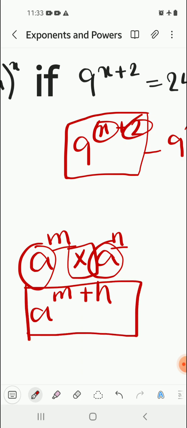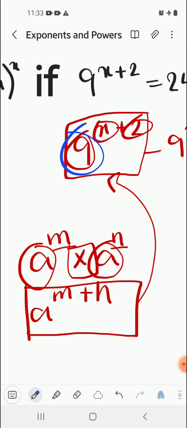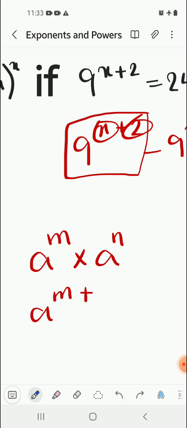If you compare this with this, it would mean the same thing. See, 9 to the power x plus 2, the base is the same, that is 9, and only the powers are different, so they are added. So this step we are going to solve and simplify. I'll show you how.